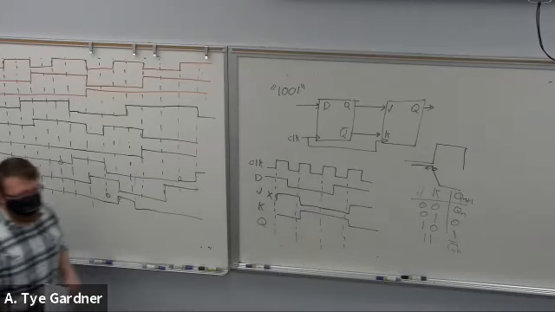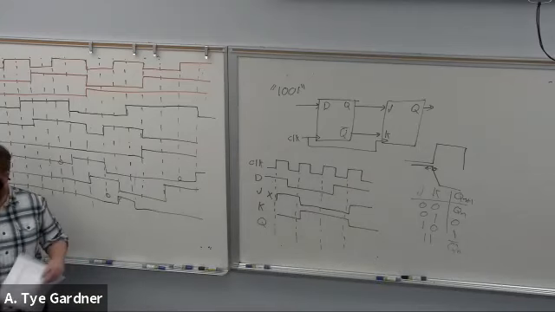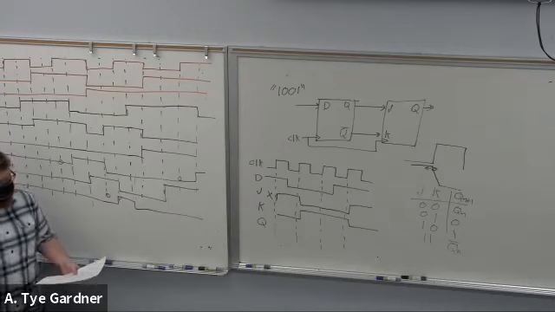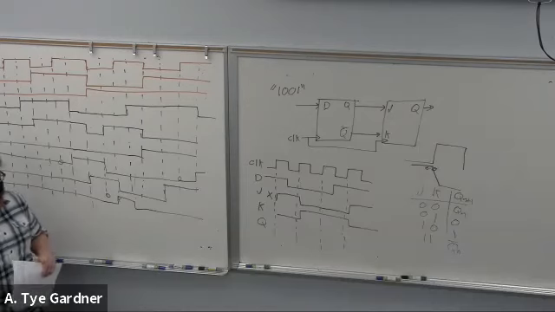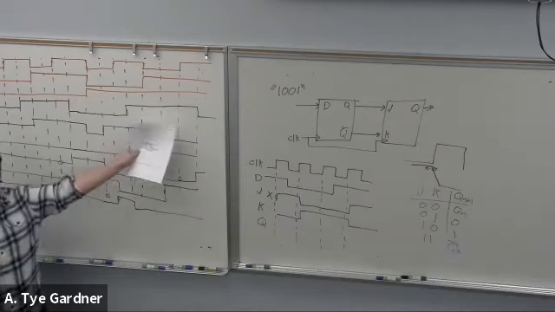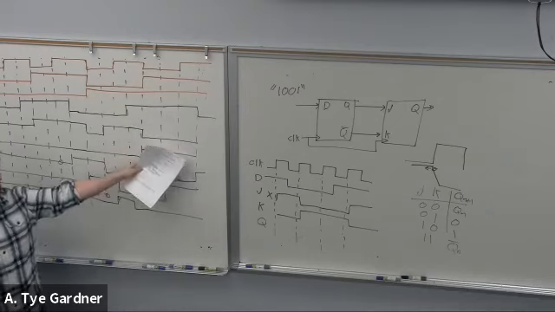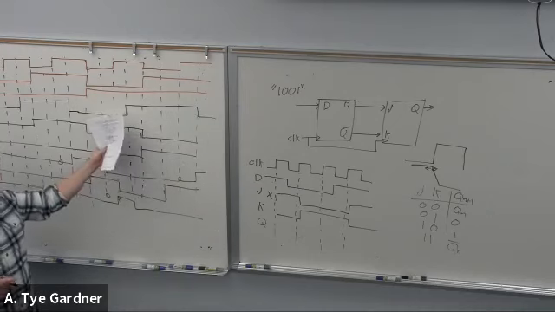Right, if 0, 0, we stay the same, 1, 1, we toggle, and then 0, 1 is reset, 1, 0 is set. So because J and K can never be the same, because they're Q and Q bar, the opposite of each other by definition, we're only ever setting or resetting.